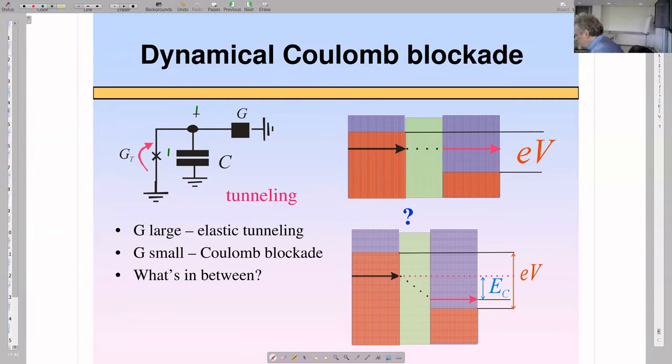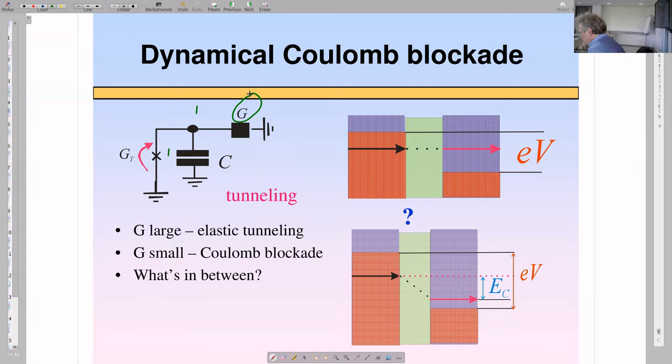However, I add another element. I connect this island with the ground by a resistor, with conductance G.